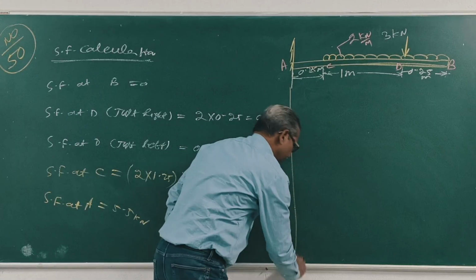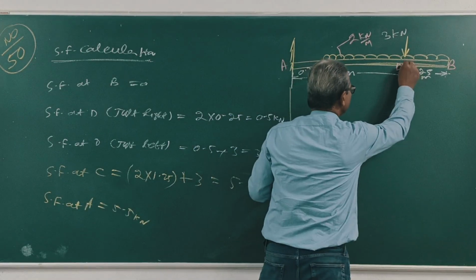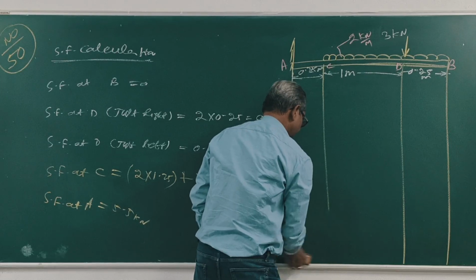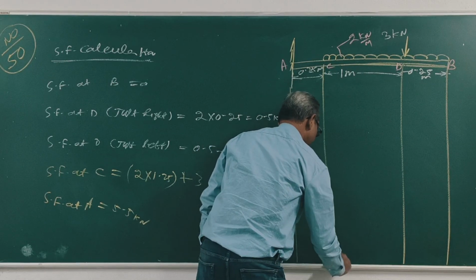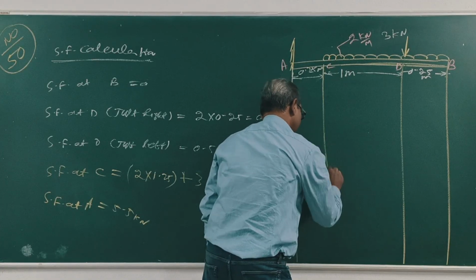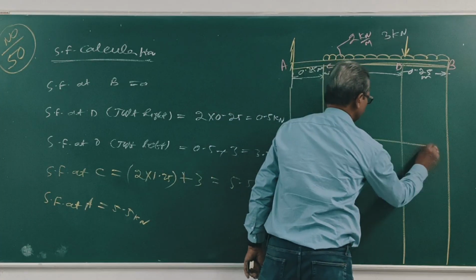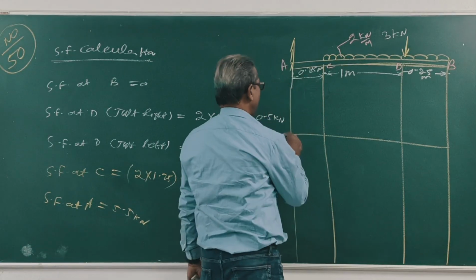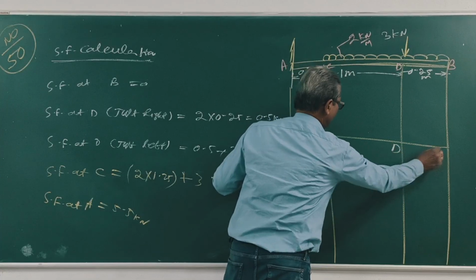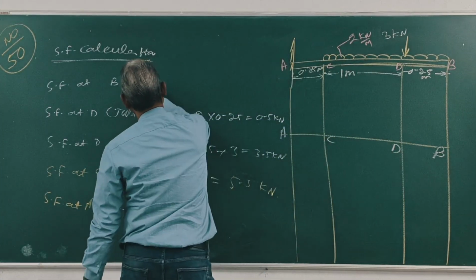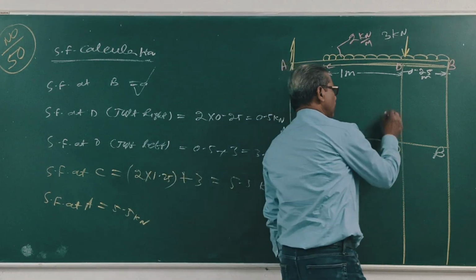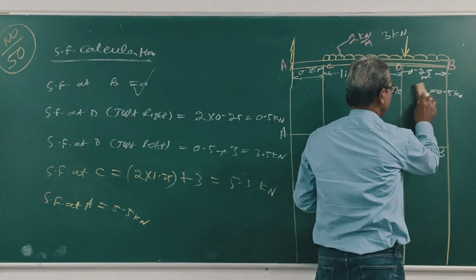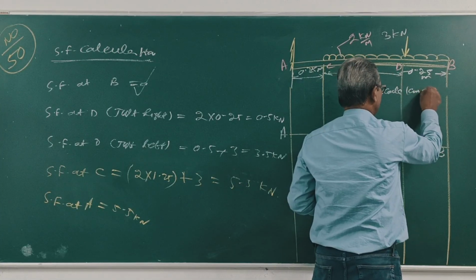Draw the shear force diagram. Now A, C, D, B. At B it is 0. Scale: 1 cm is equal to 0.5 kilonewton.